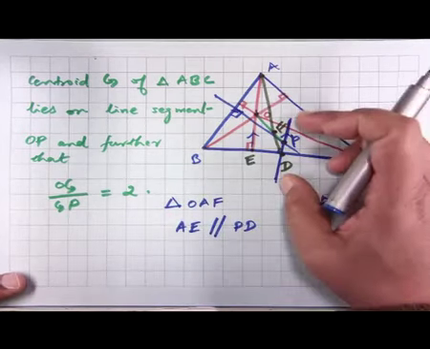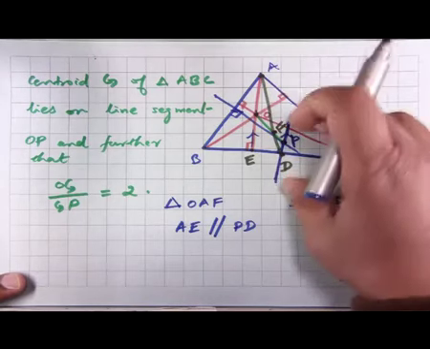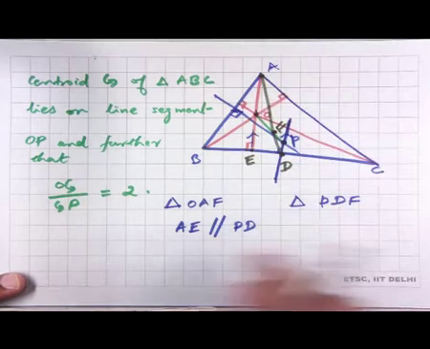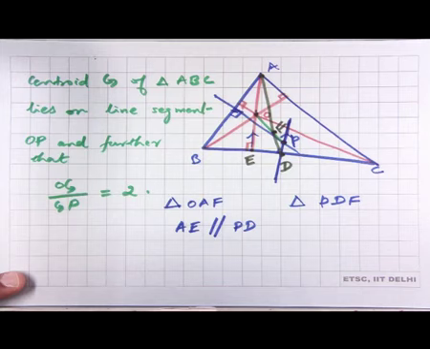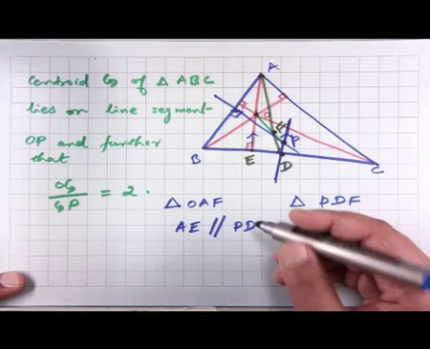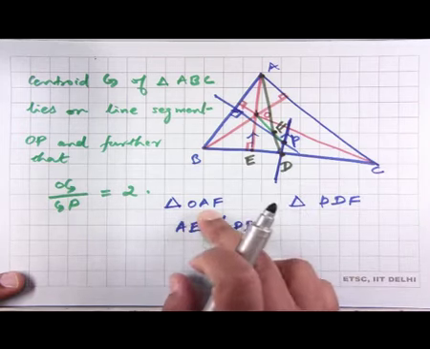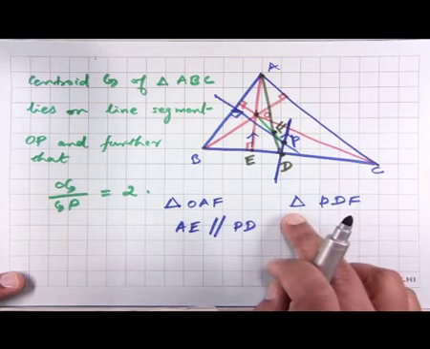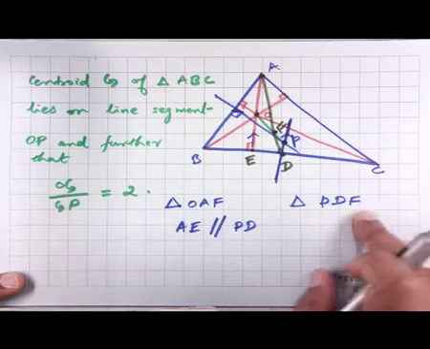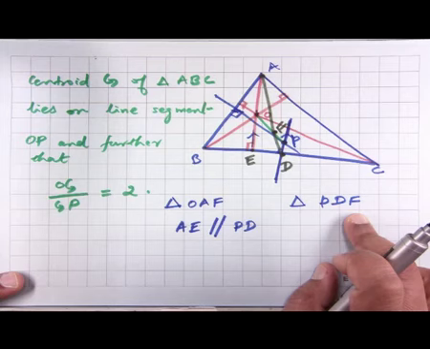Though in the figure it might not exactly appear as parallel, they are parallel. And because they are parallel, it is very much clear that all three angles of this triangle are equal to the corresponding three angles of this triangle PDF.